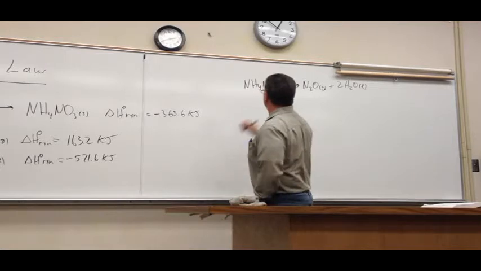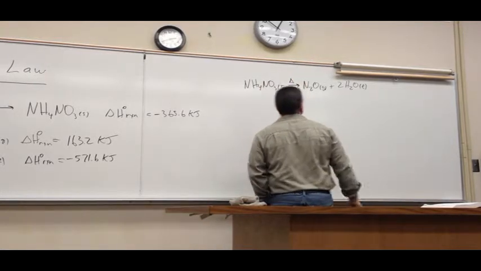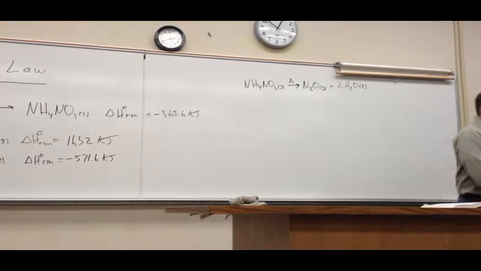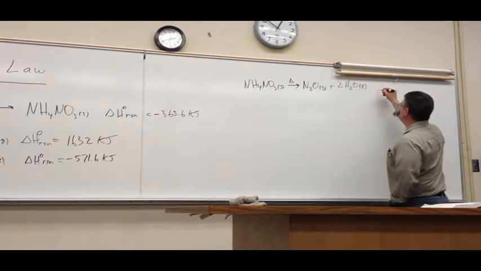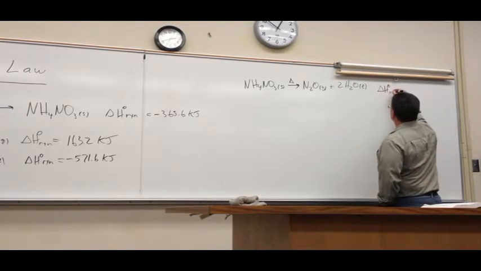Ammonium nitrate decomposes, apply some heat to do it, makes nitrous oxide and liquid water. And let's say we wanted to figure out what the change in enthalpy for this reaction was.